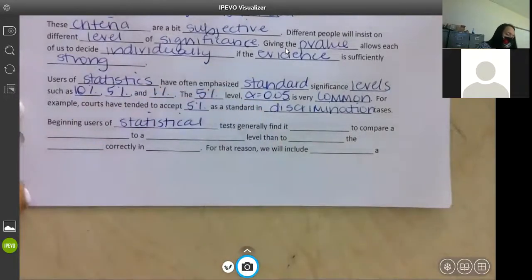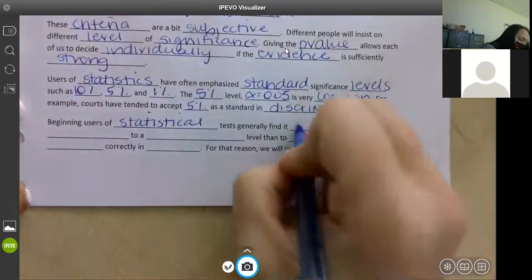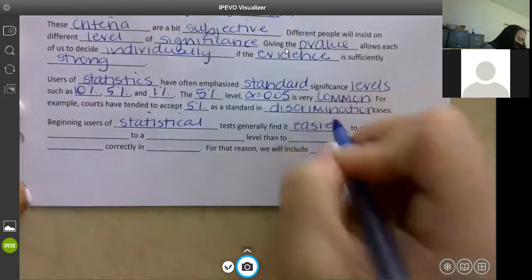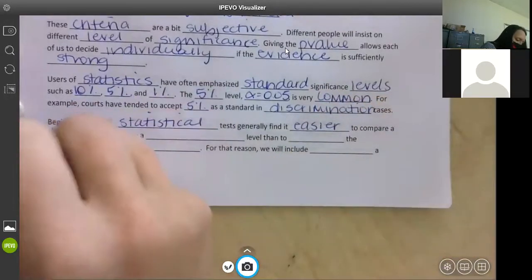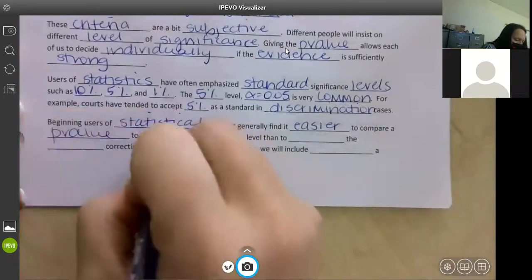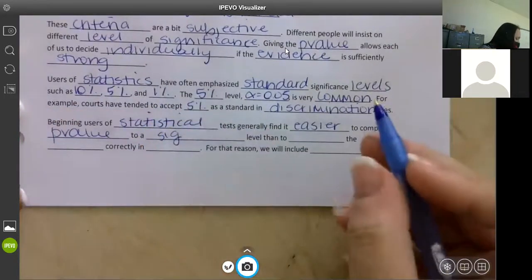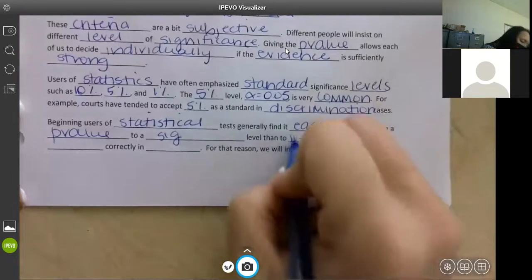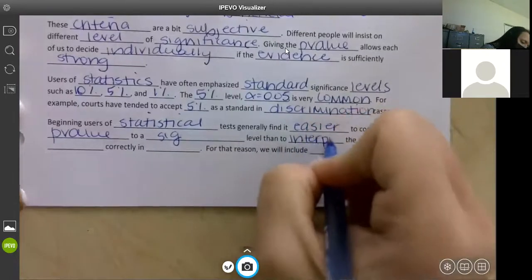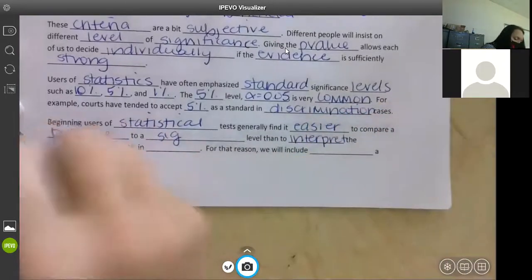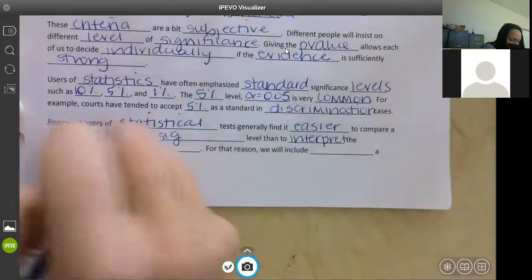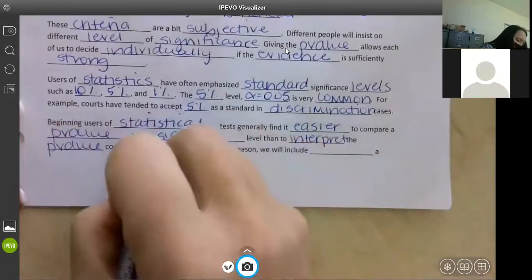Beginning users of statistical tests generally find it easier to compare the p-value to a significance level than to interpret the p-value correctly in context.